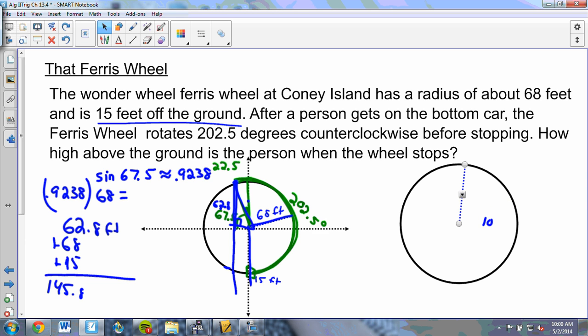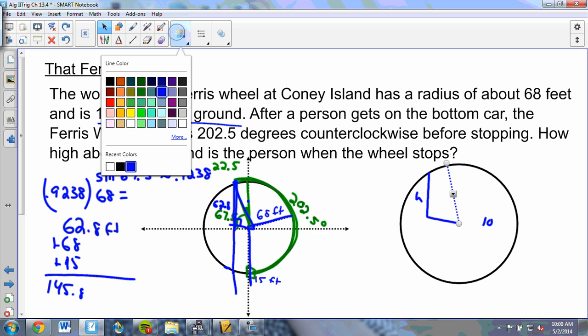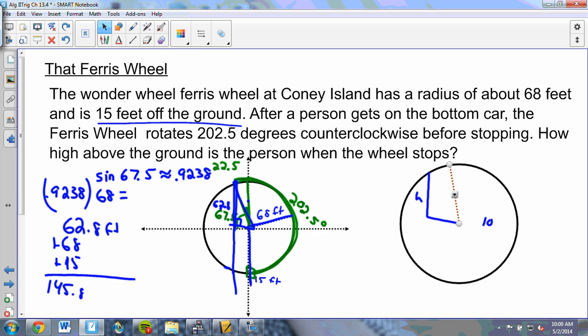But even though the length is still 10 feet, as it moves along the circle, the height gets shorter. You see that if you think about this triangle here. How can the height get shorter if the circle's the same? Because the height is just that length right there. Because of the angle the radius is moving at, the height can change its length. The height can get longer and shorter, even though the radius is not changing.